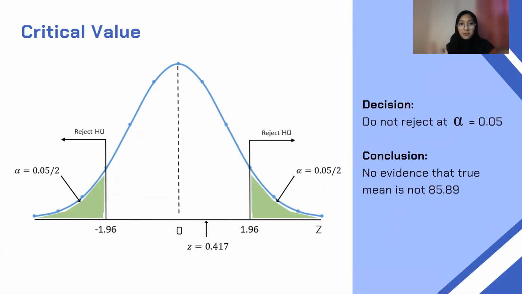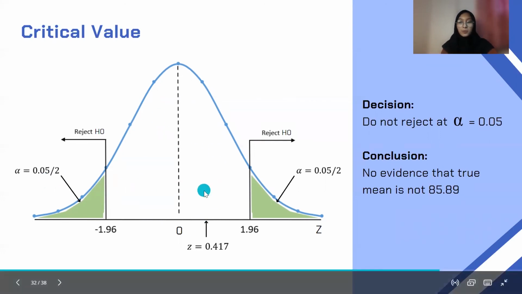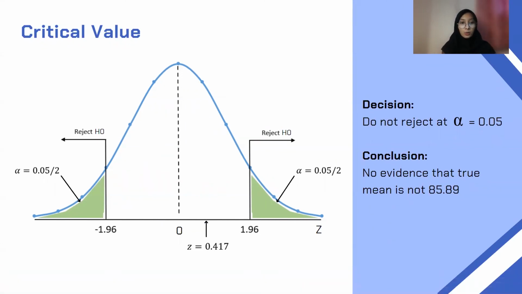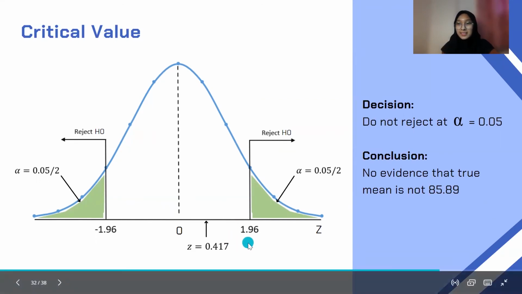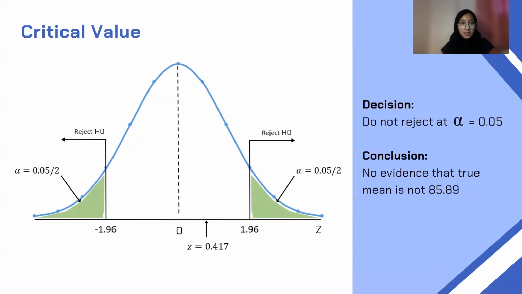Otherwise, if it falls in the white area, we do not reject the H0, or we do not reject the null hypothesis. In other words, if the Z value is more than 1.96 or less than minus 1.96, we reject the H0.